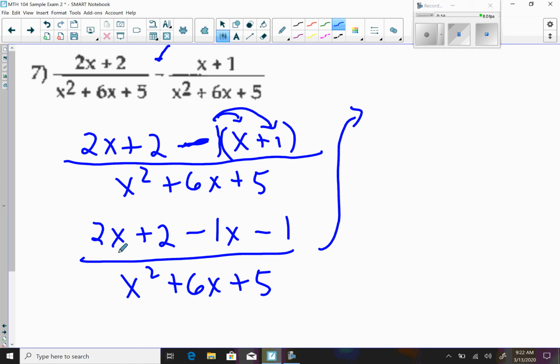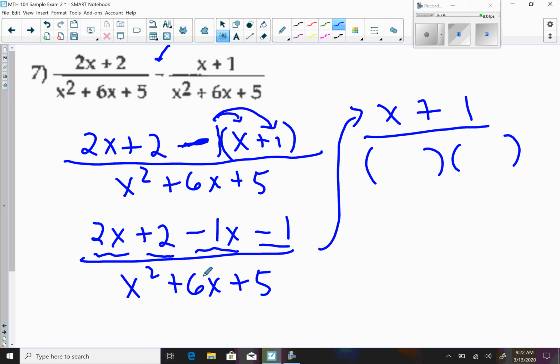Combine like terms. 2x minus 1x is 1x. 2 minus 1 is positive 1. And then notice that the denominator can be factored. x squared is x times x. And 5 is positive 5 times positive 1.